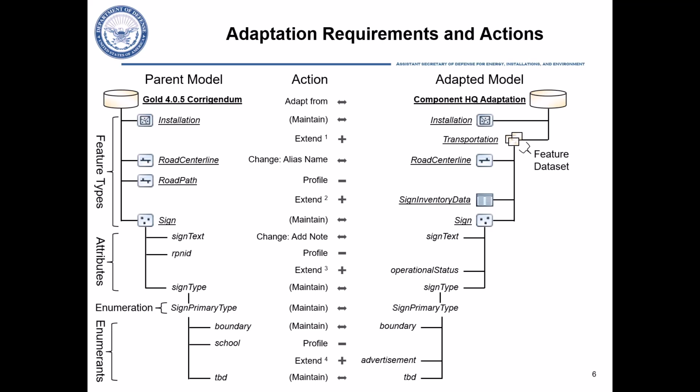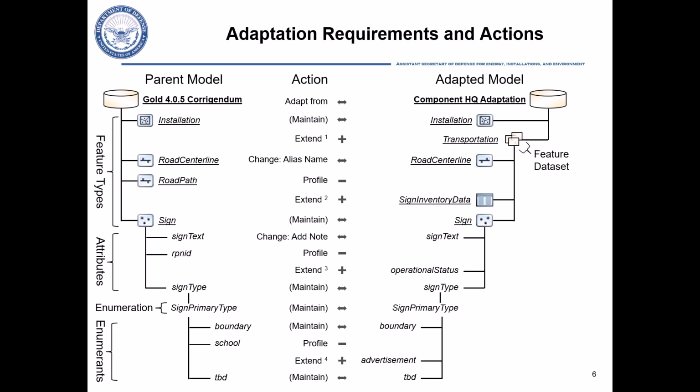Recall that in step 1 of the model development process, we defined the required elements for the new model, and in step 2, we translated those requirements to profile, extend, and change actions to be taken on the parent 4.0.5 Gold Core Agenda model. Prior to considering populating an ASW, let's do a quick refresh on the element level requirements for the 4.0.5 component adaptation for the transportation domain.